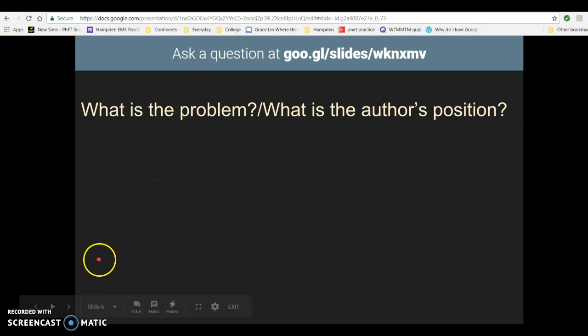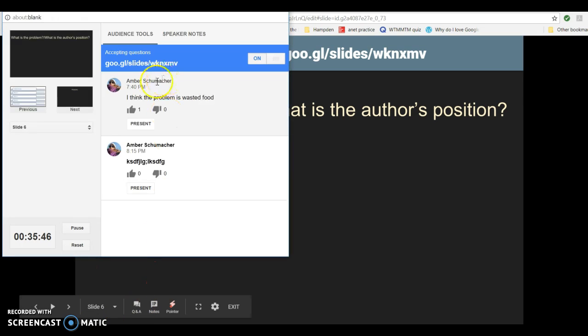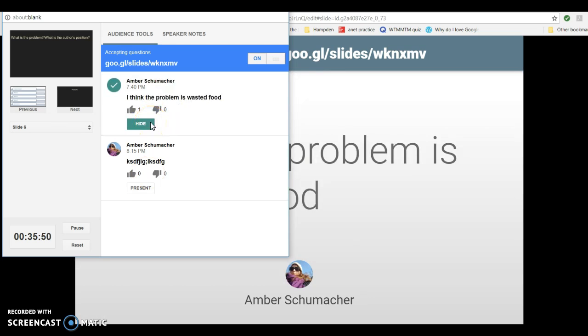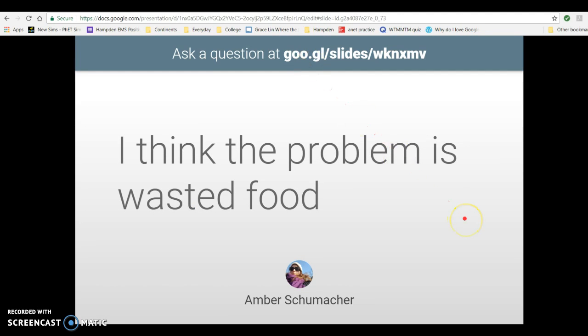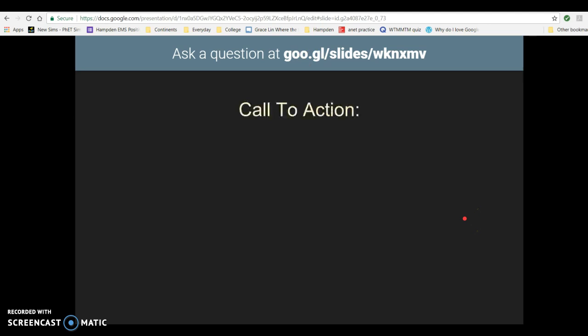I go back and say, oh, I like this person's answer, so I'm going to present that. A student might agree or disagree, be like, this is nonsense, I disagree with that. And I think that's a good way for me to save. I can see what all their responses are, and you can continue to do that for different slides.